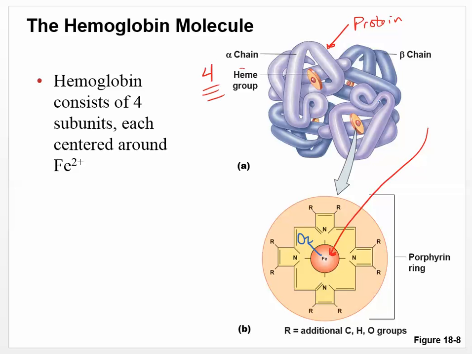So each hemoglobin molecule gets one oxygen per heme group, which means that each hemoglobin gets four oxygen. There are questions about that, I guarantee it, on the homework and the tests.